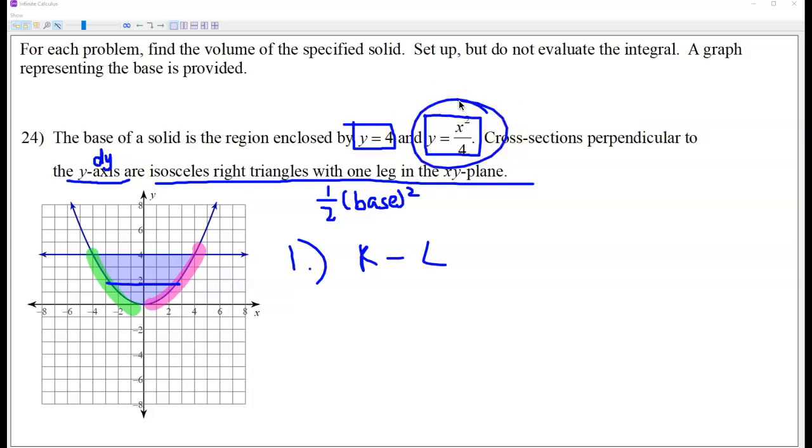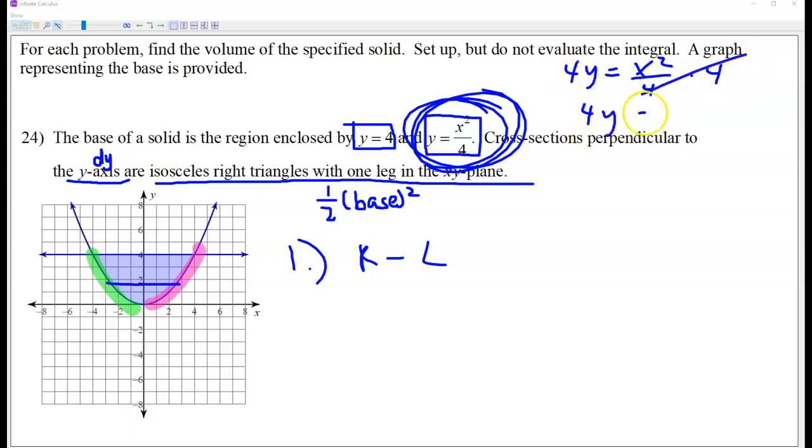Since we're doing this with respect to y, we need to get this solved for x. So we need to get the x by itself. The first thing we would do is multiply both sides by the denominator, so I've got 4y equals x squared. And then we would take the square root, and when you square root, you get a plus and a minus.